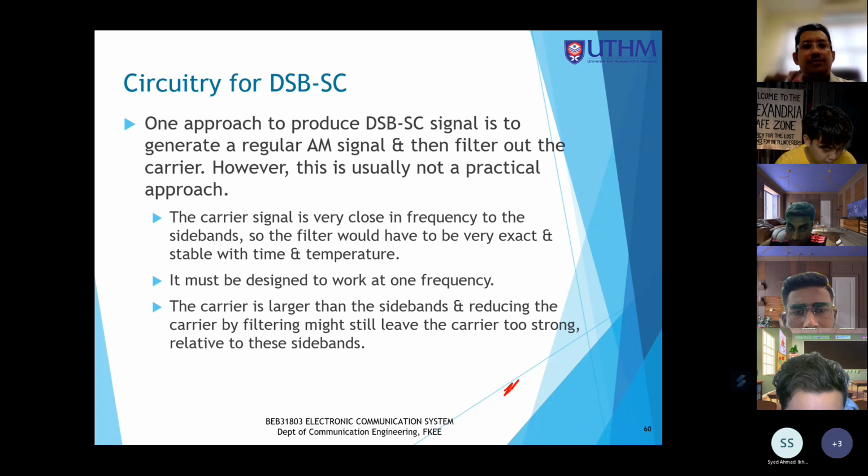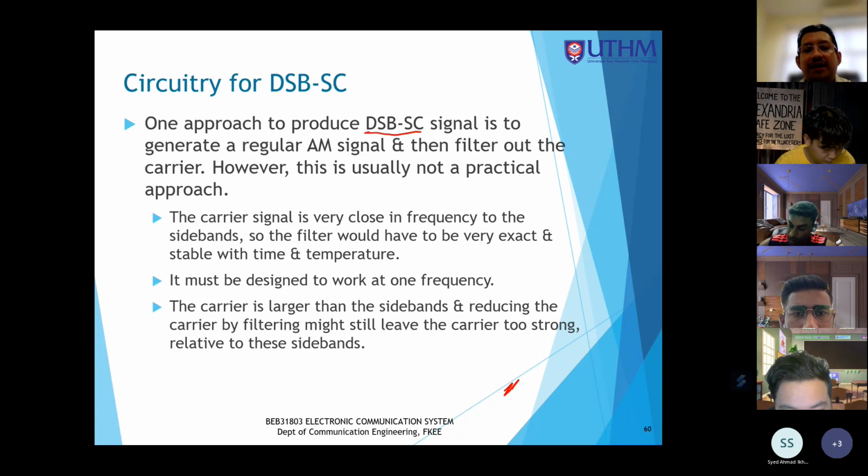Okay, so kita sekarang sampai kepada satu topik iaitu double sideband suppressed carrier. Okay, so this is to explain about the circuitry design ataupun block diagram design of a modulator within the transmitter. So this modulator will produce double sideband suppressed carrier.